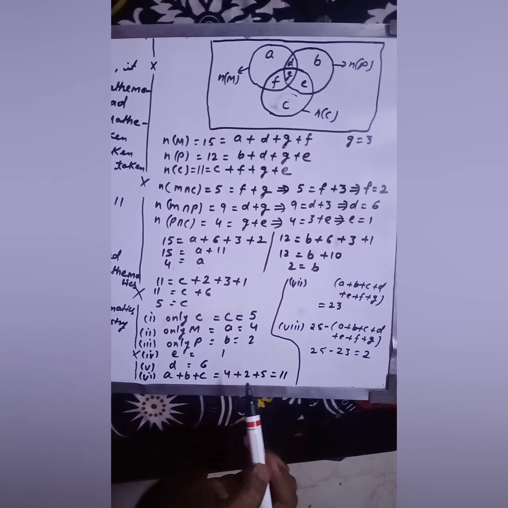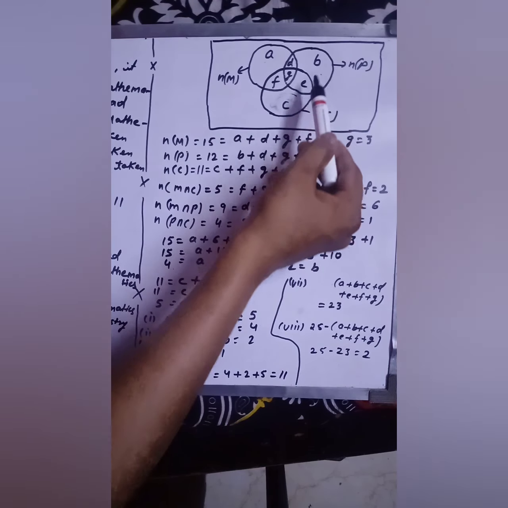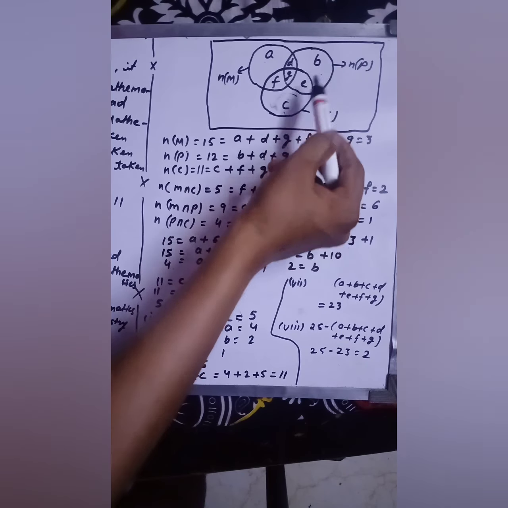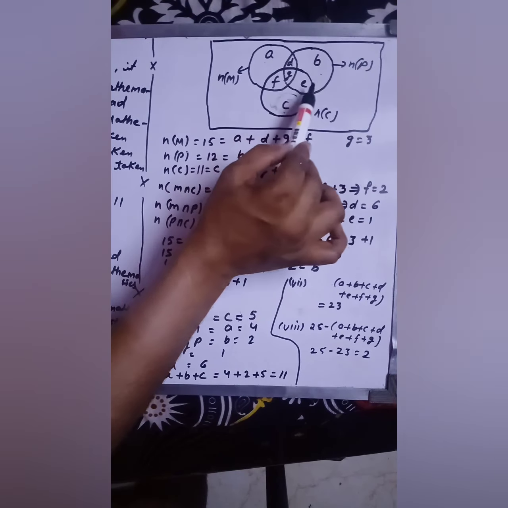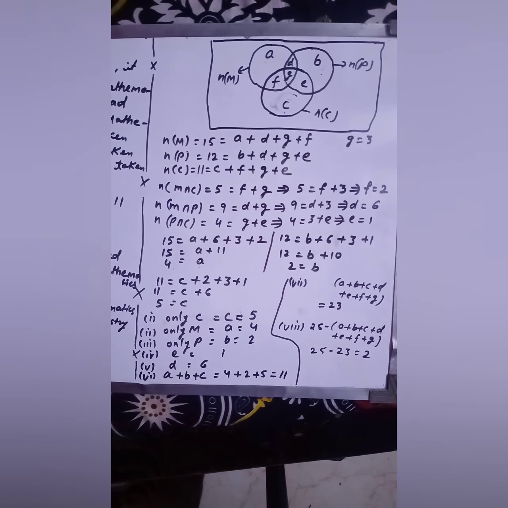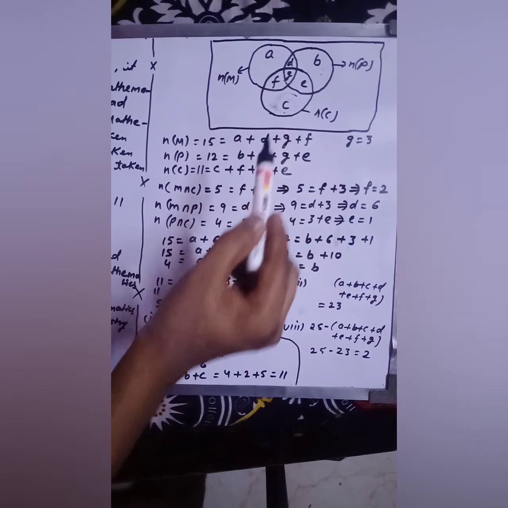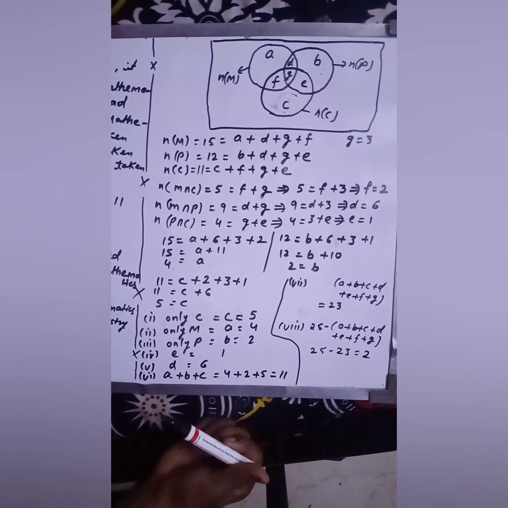Okay. In the fourth part, you have to find out physics and chemistry but not mathematics. The students who are studying physics and chemistry but not mathematics. The common part in both physics and chemistry is G and E. But G is the number of students who are studying all 3 subjects, so we cannot take G. So only E will be the answer.